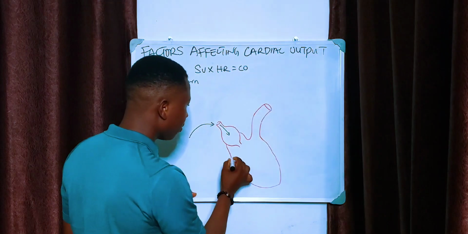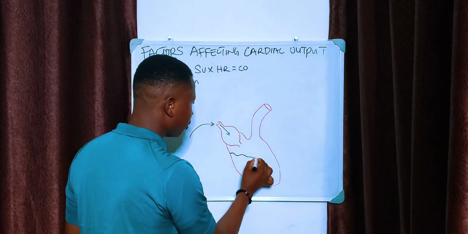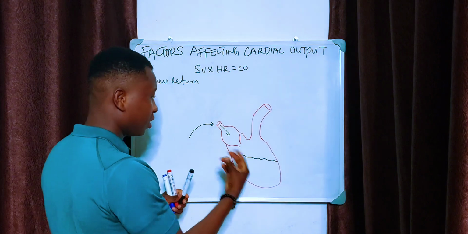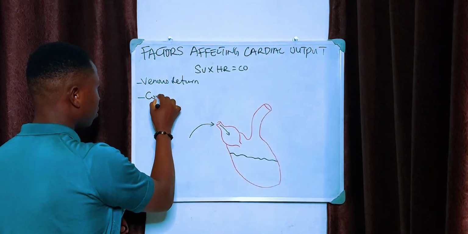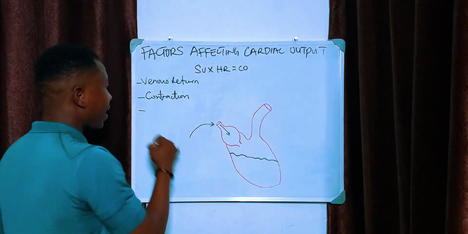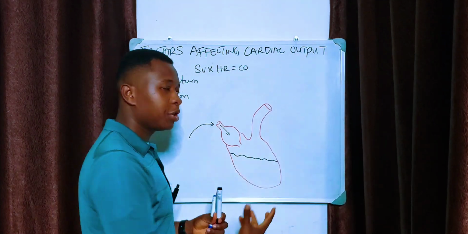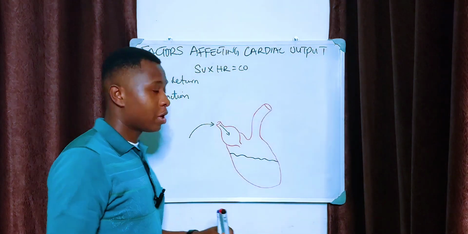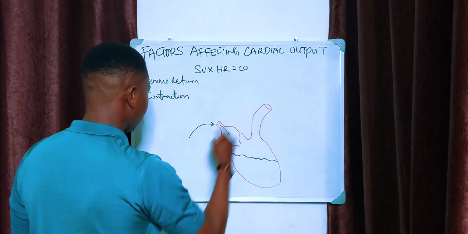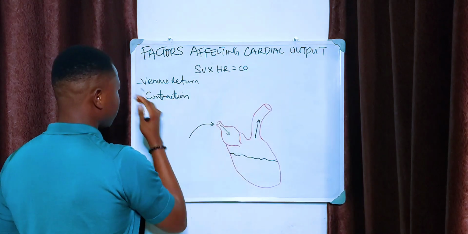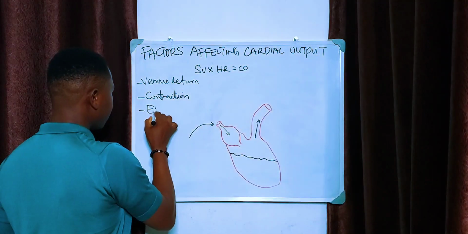So when blood fills the ventricle, contraction must occur. And the third is ejection. Ejection is the resultant effect of contraction. So when the heart contracts, blood must leave the heart. So we have ejection.